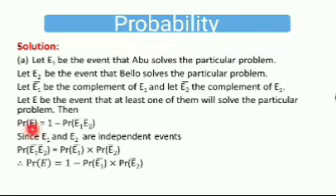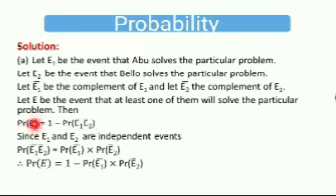Then the probability that at least one of them solves equals 1 minus the probability that none of them solves, because the probability that at least one of them solves the problem or none of them solves the problem is equal to 1. So probability of E plus probability of E1 bar E2 bar is equal to 1.